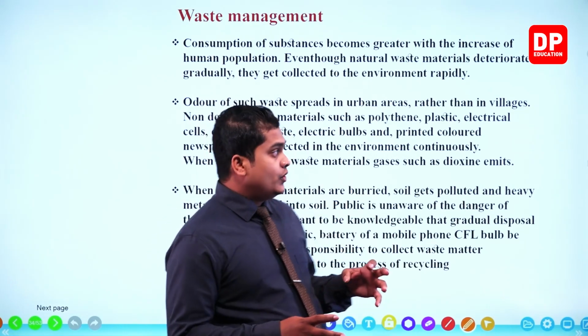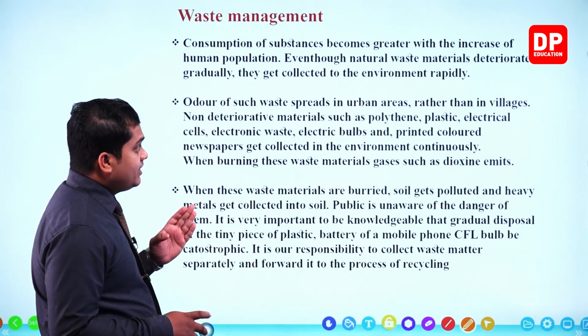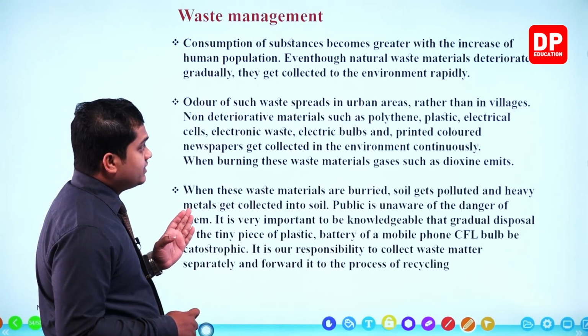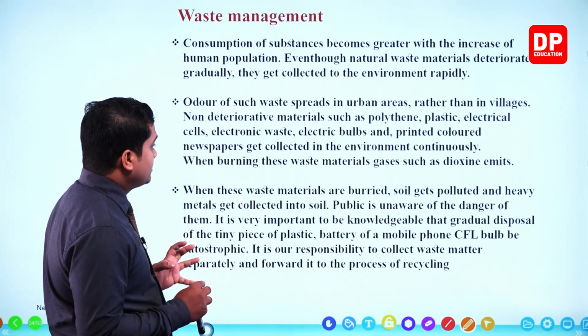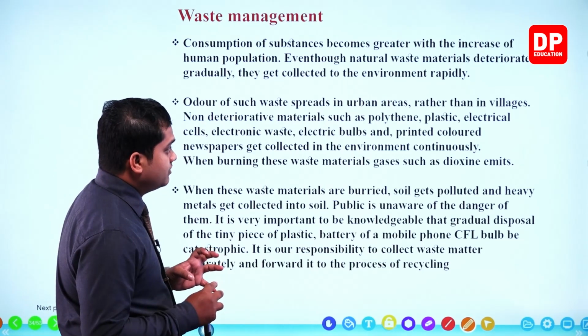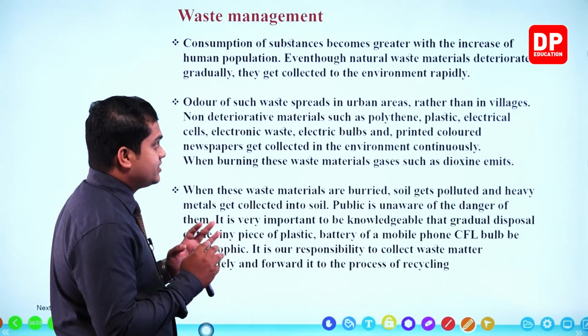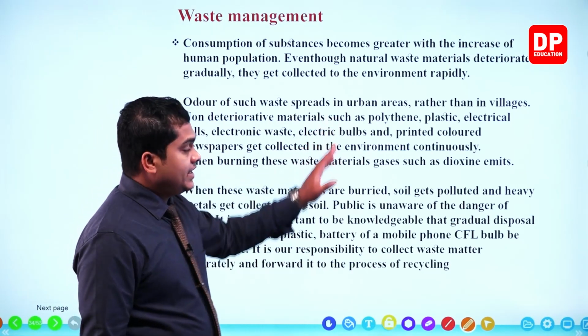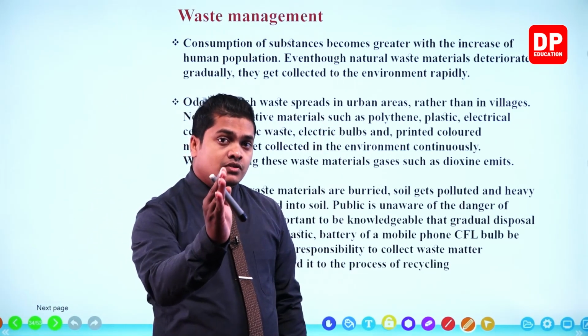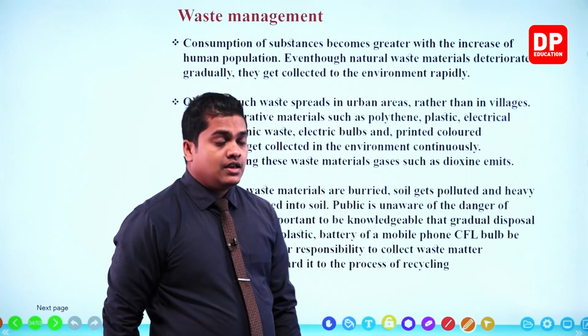So rather than in villages, non-deteriorative materials such as polythene, plastic, electrical cells, electronic waste, electric bulbs, and printed and colored newspapers get collected in the environment continuously. So in urban areas, my dear children, we can observe different kinds of waste. Like what?